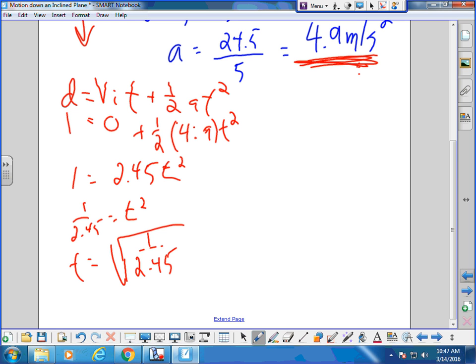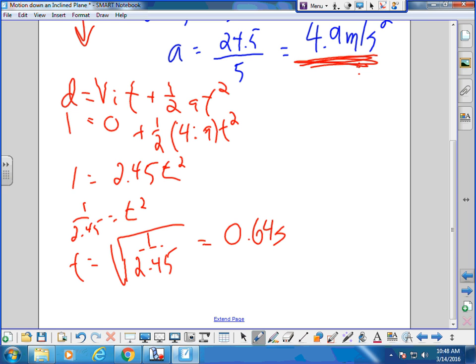One divided by 2.45, and then square root. 0.64? Did you get that? Yeah, okay, good. 0.64 seconds, time to get to the bottom.